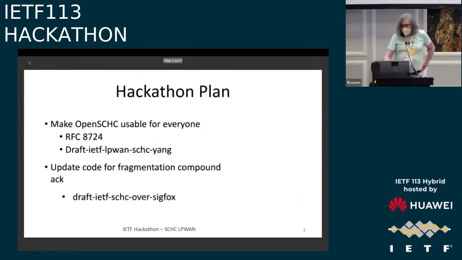Okay, so I will talk about what we have done with SCHC. SCHC is a protocol to compress IP headers to put IP in very constrained networks, such as LoRaWAN, Sigfox, or 5G narrowband IoT.